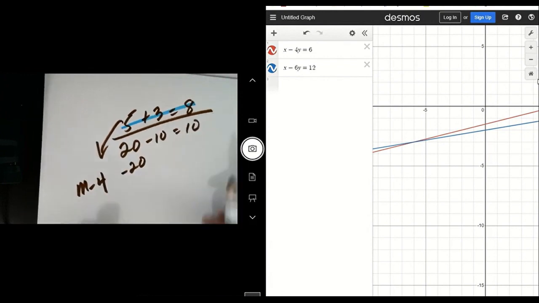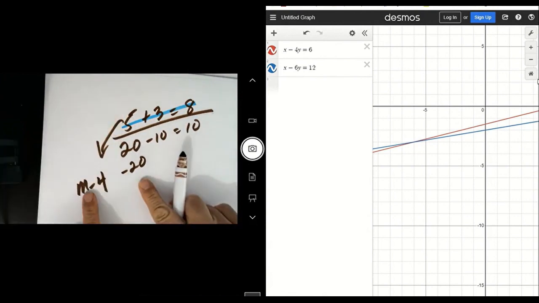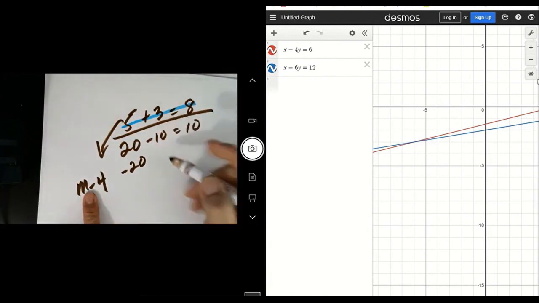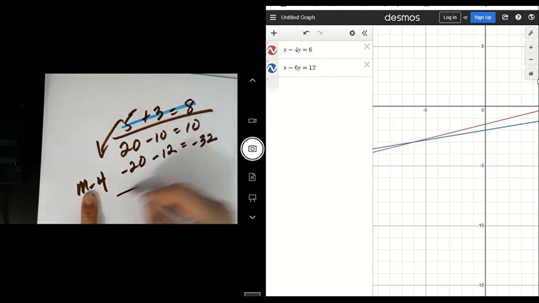So let's see. -4 times +5 is -20. -4 times +3 is -12. All right. And here we go. -4 times +8 is -32. Now we add them.